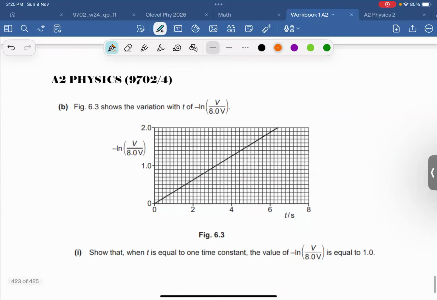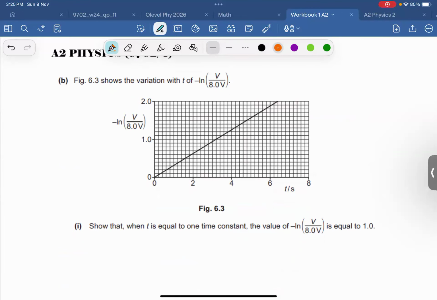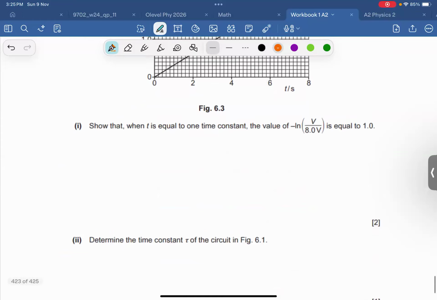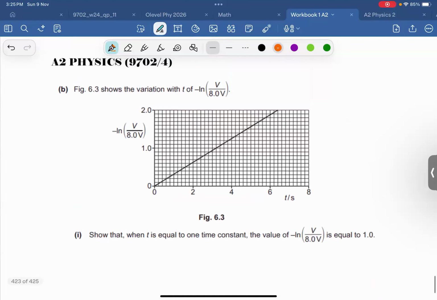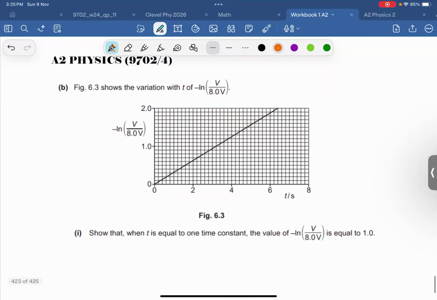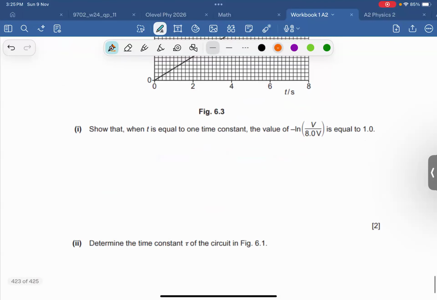Now they mentioned the graph of the ln function. Show that when t is equal to one time constant, the value of ln is 1. So we know that V is equals to V naught e power minus t upon RC, or tau.